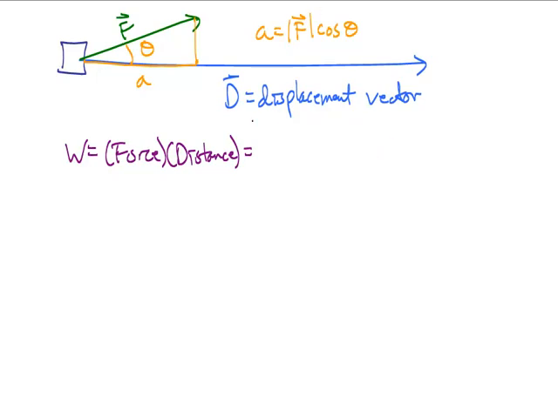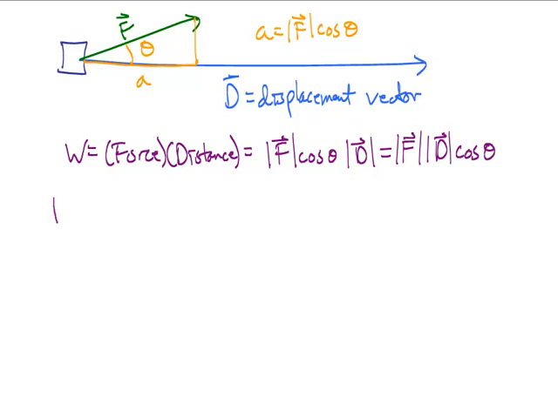well, our force is going to be that horizontal component of the force vector. That's the magnitude of F times the cosine of theta, times the distance, which is the magnitude of our displacement vector. And we're usually going to write this as the magnitude of F times the magnitude of D times the cosine of the angle between them. And now we will define the dot product of two vectors.